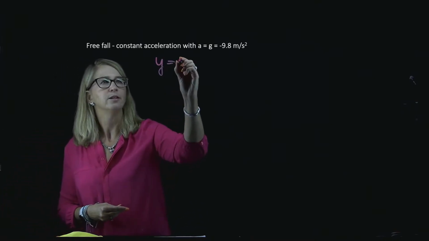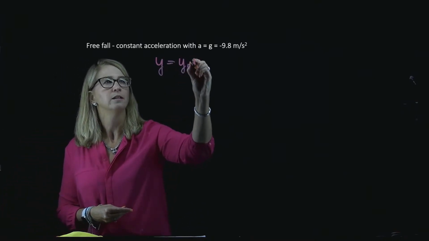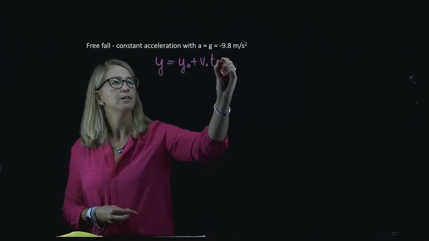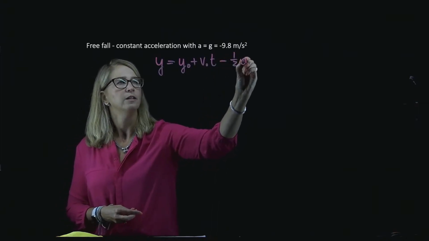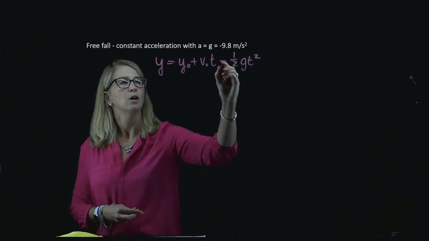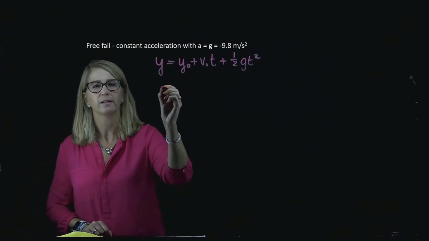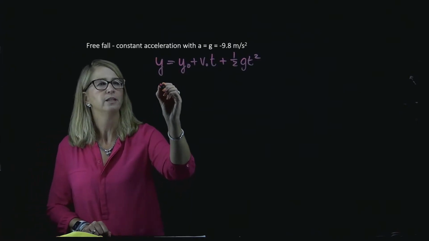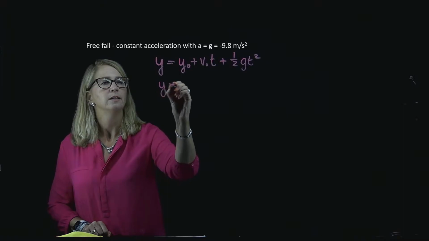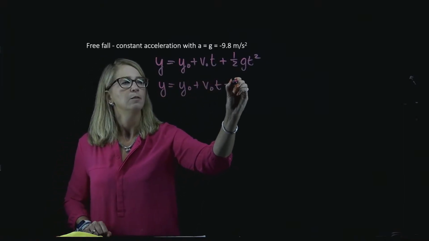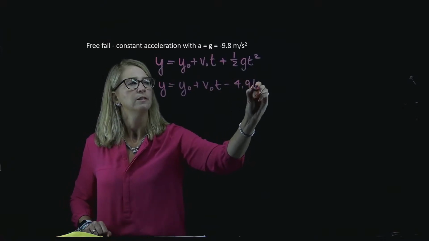So y is equal to y naught plus v naught t. And now I'm going to put the minus sign in here, 1/2 gt squared. Oh, I'll do plus because then I'm going to put a negative sign in. In order to not confuse you totally, I'm going to say y is equal to y naught plus v naught t minus 4.9 t squared.